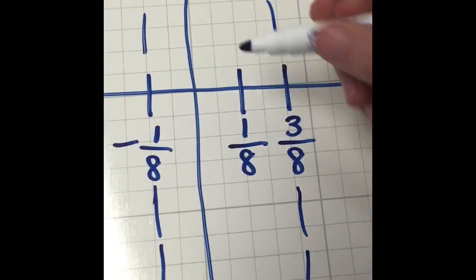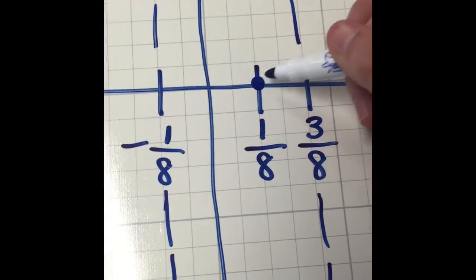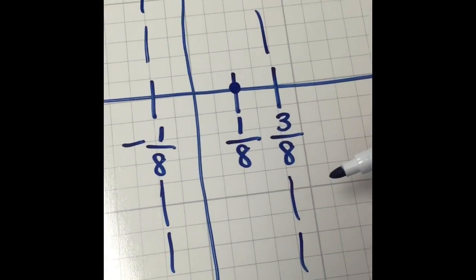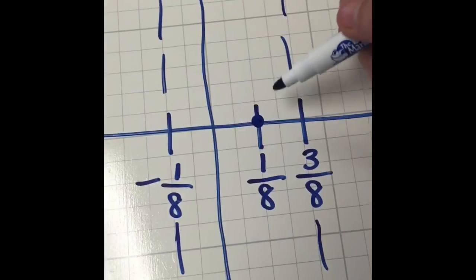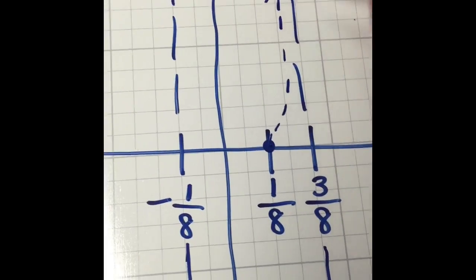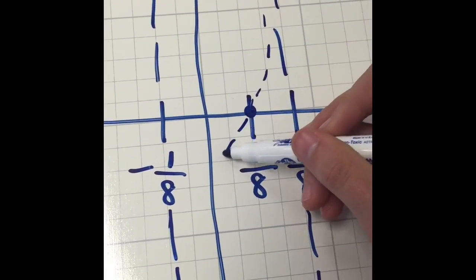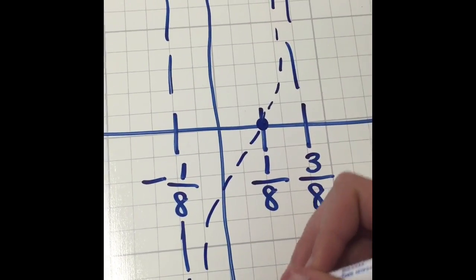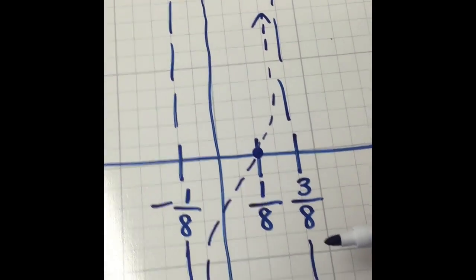And that 1/8 is the x-intercept, so it will be on the line. And the graph will always look like this, unless it is inverted, which in this case it is.